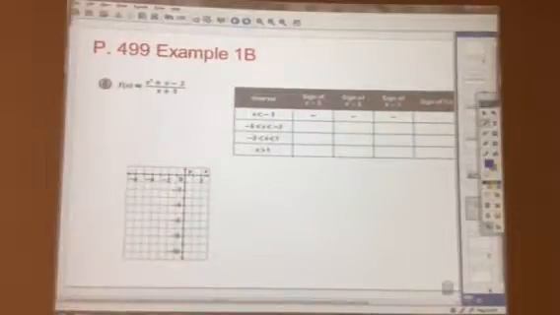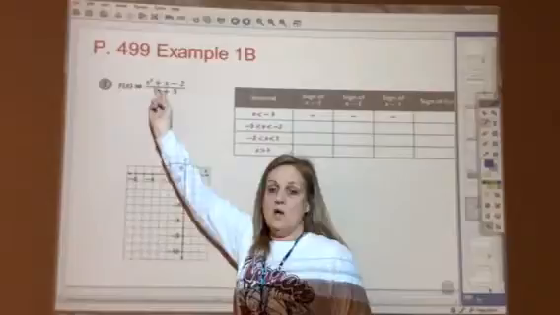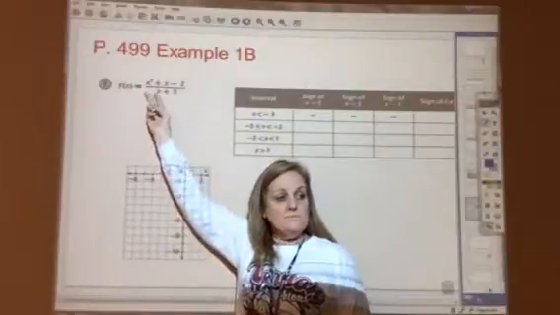Okay, so first we're going to look to see if it has vertical asymptotes, if it has horizontal asymptotes, everything, we're going to look at that first. So what are we going to have to do here? Now that we know our rules, we do not have to do long division and divide that out.